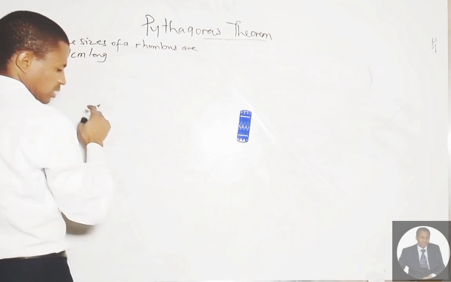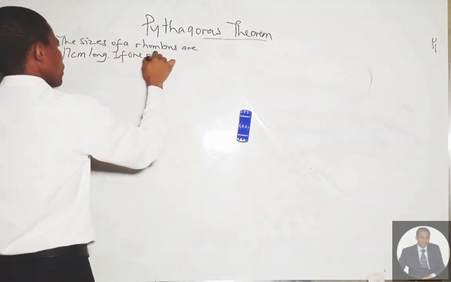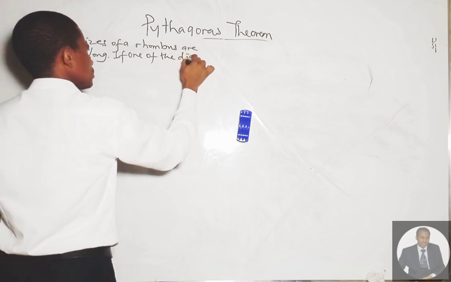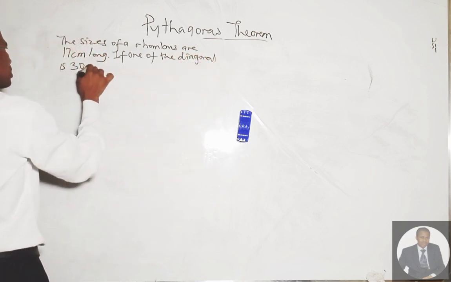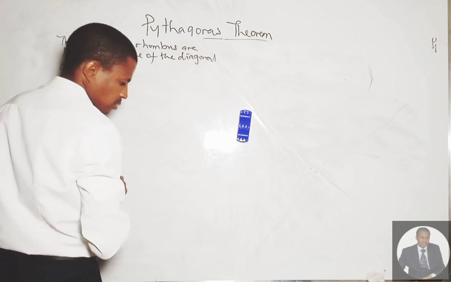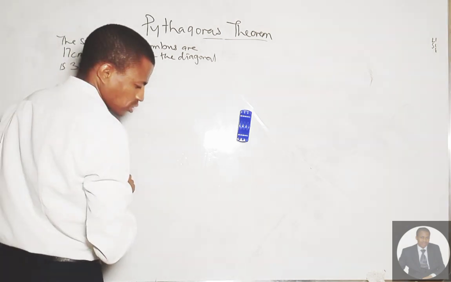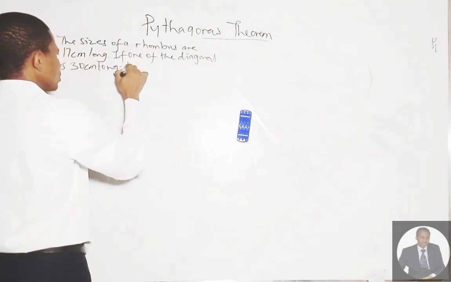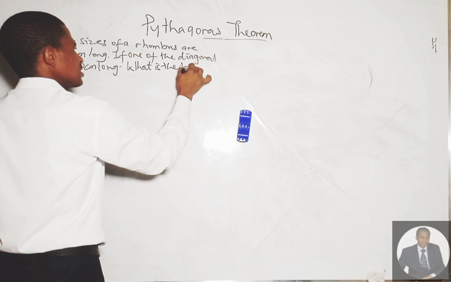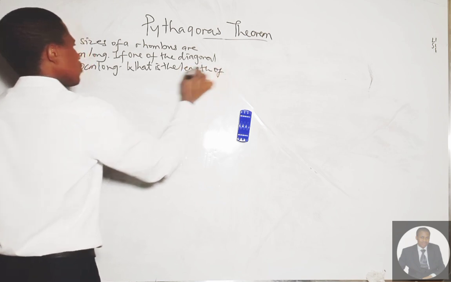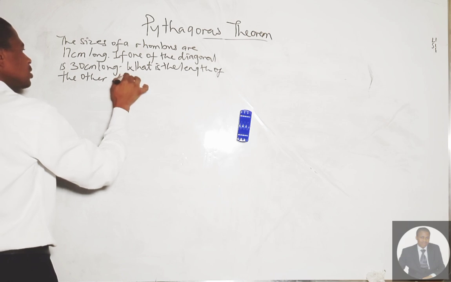If one of the diagonals is 30 centimeter long, what is the length of the other diagonal?